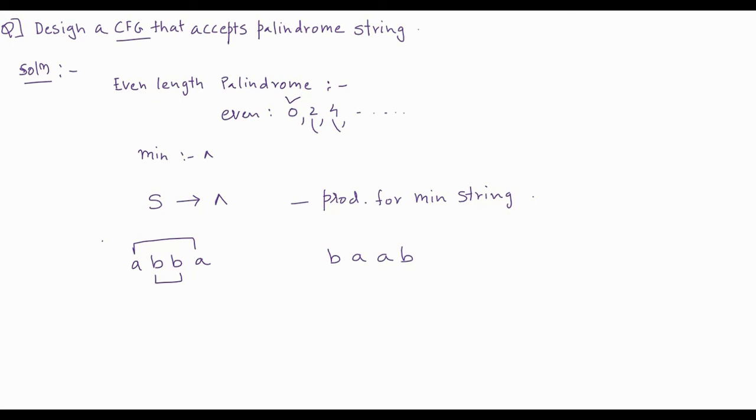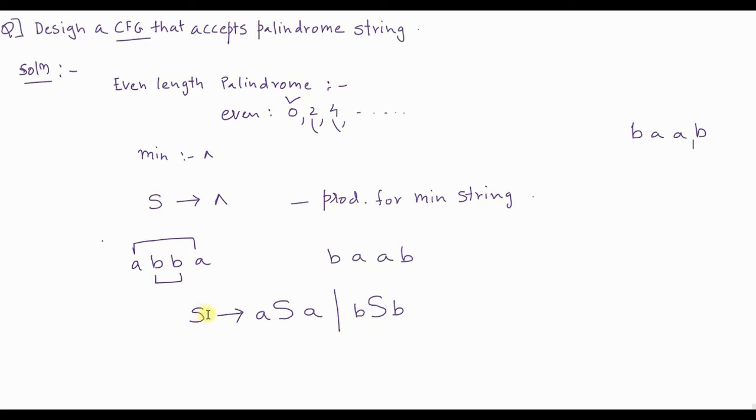So in general, if I write S gives A S A or B S B, suppose I write this, then will it detect a palindrome? Let's say I take this string BAAB. Will this production detect that it's a palindrome?